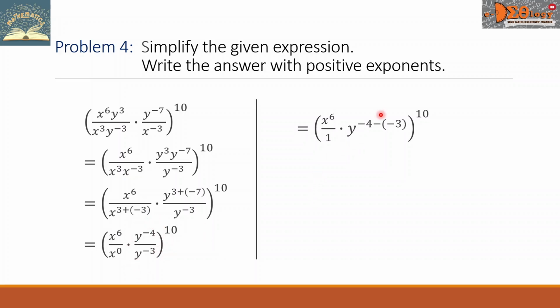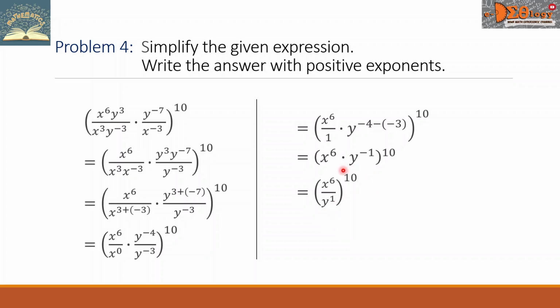So we have y raised to negative 4 minus a negative 3. For this x raised to 6 over 1, we can remove this denominator. Simply we can write x raised to 6 times, here the y, negative 4, negative and negative becomes positive. So negative 4 plus 3. We have negative 1. Then we show that this exponent with negative we can write in the denominator. So we have x raised to 6 all over y raised to positive 1.